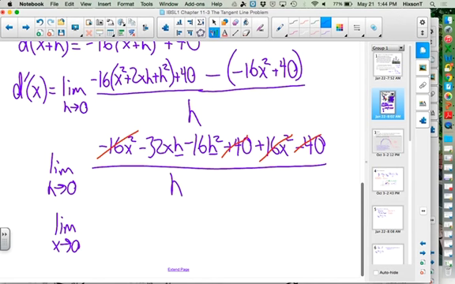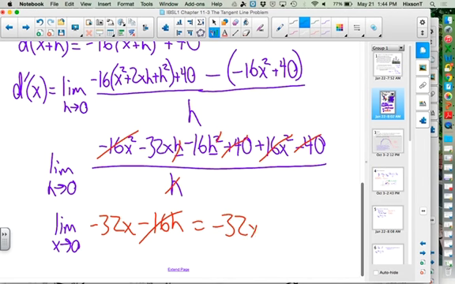They both have h's, so I can cancel it out with the denominator. And I have a negative 32x minus 16h. That you can do direct substitution with. This is 0, and you just get a negative 32x. So when x is 1.56, the speed is 1.56 times negative 32.